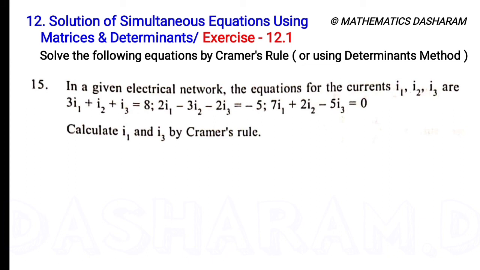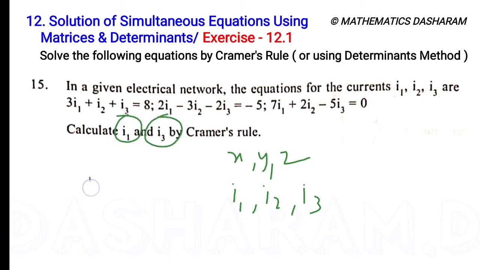Here, instead of x, y, z, he has given i1, i2, i3, and he is asking only for i1 and i3. So i1 means x, whose formula is delta 1 by delta. I3 means z, whose formula is delta 3 divided by delta.